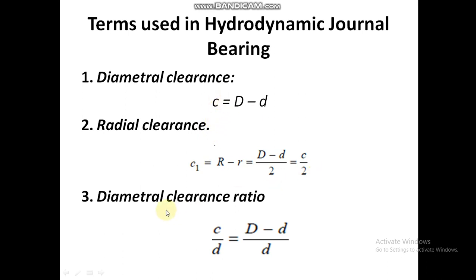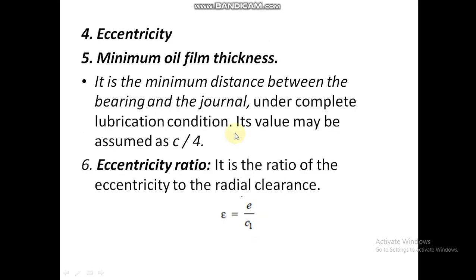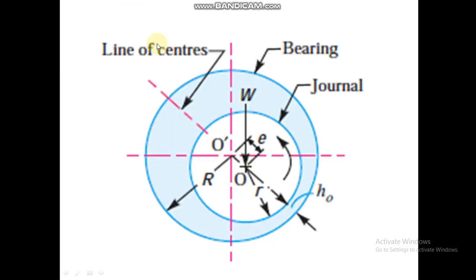Third one is diametral clearance ratio. It is written as C by D, that is diametral clearance (D minus d) divided by the diameter of the journal. Next is eccentricity. As I have already told you, eccentricity is the distance between the two centers, that is the center of the bearing and the center of the journal.